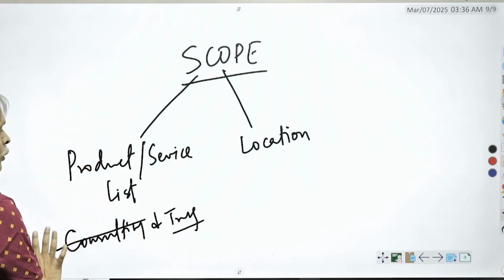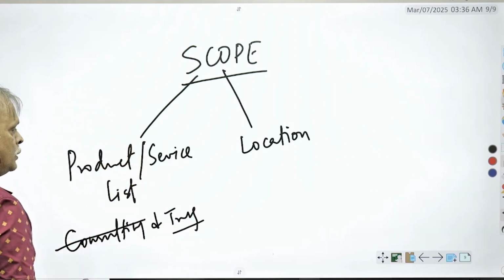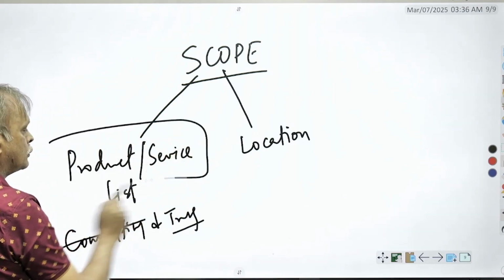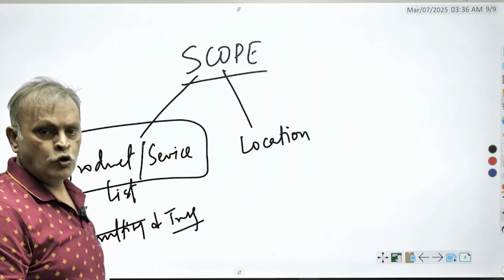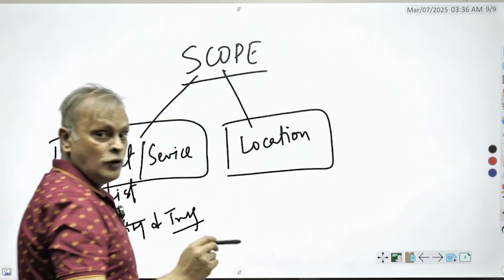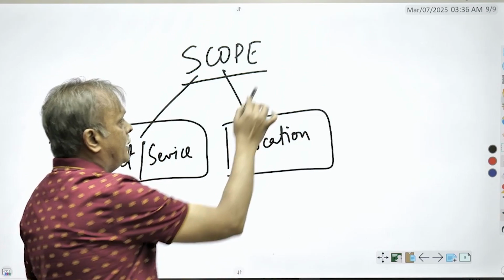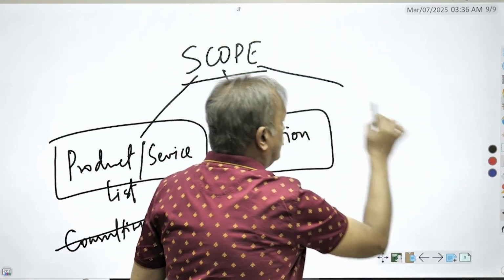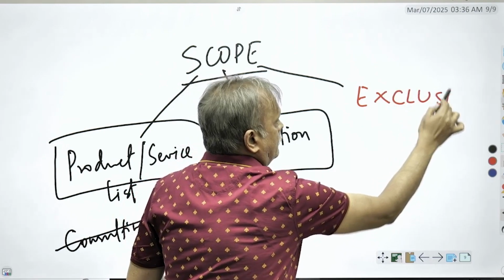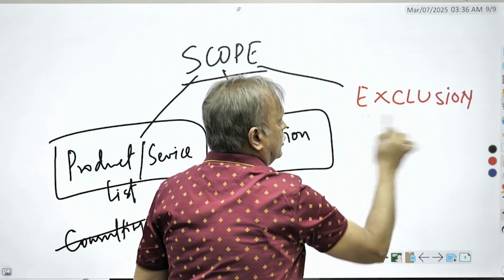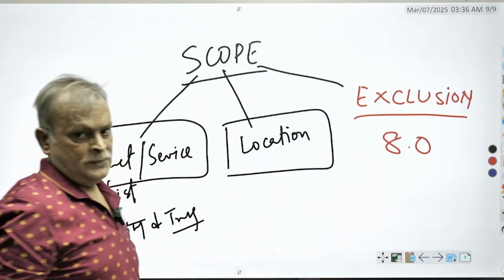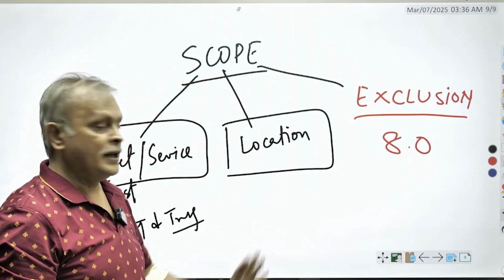But as part of your scope statement, you must mention what products or services are within the scope of ISO 9001, what physical office locations, you will have to give physical addresses, and just in case you plan to take any exclusion in ISO 9001 can only be taken from clause 8. We'll talk, don't worry, don't panic.